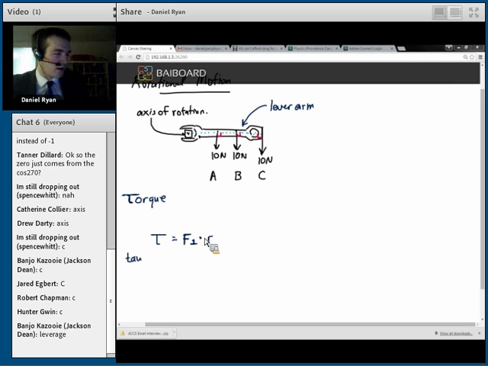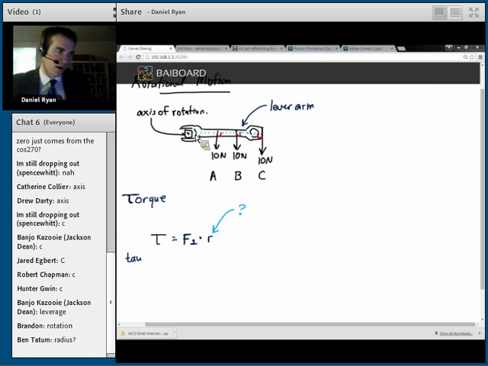Why do you think we call the lever arm R? What could that possibly stand for? It's just what it represents, this distance. And we got two good guesses here: rotation and radius.